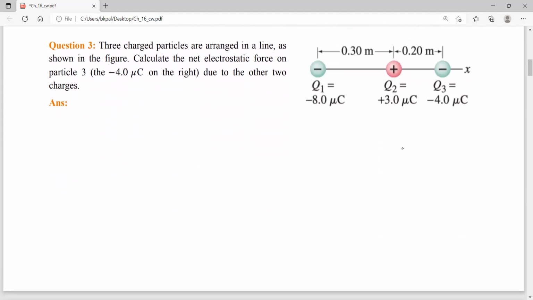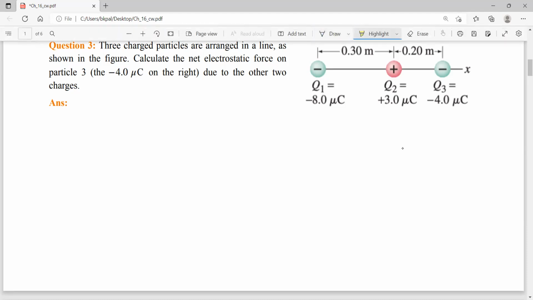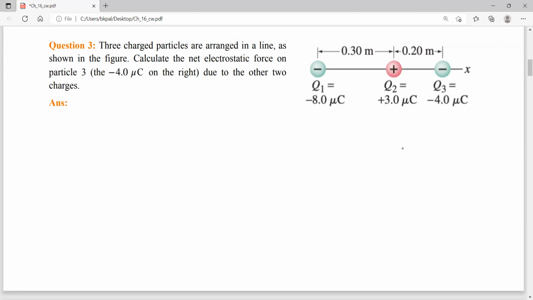Okay, next question. Now we have 3 charged particles. You see that on the left we have a negative charge, in the middle we have a positive charge, and a negative charge on the right. Now we have to calculate the net electrostatic force on particle 3, that means on this charge, due to the other 2 charges.